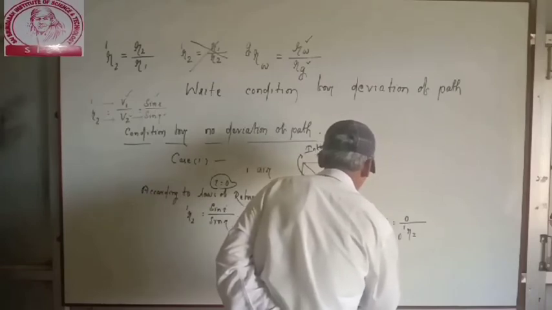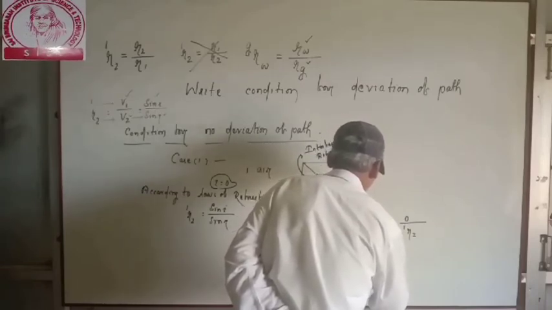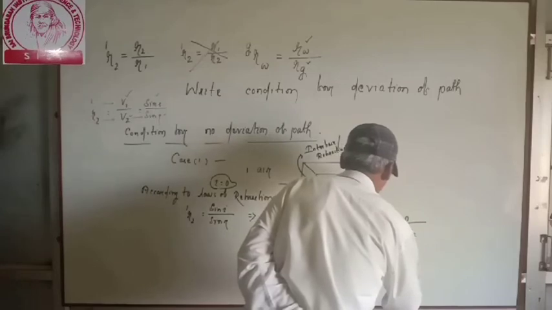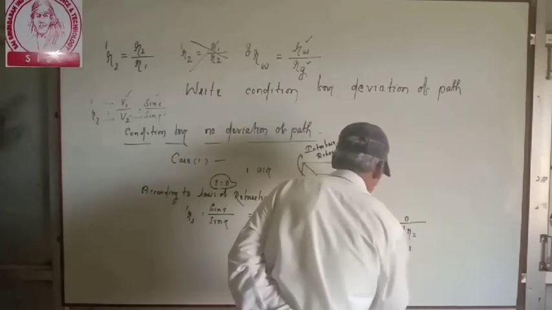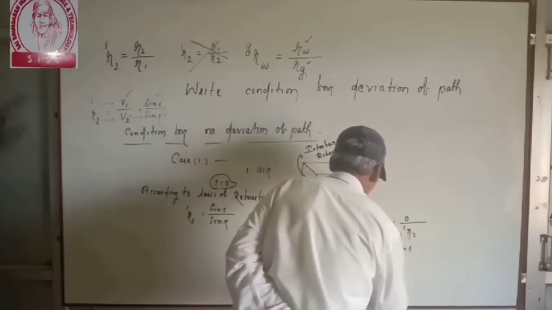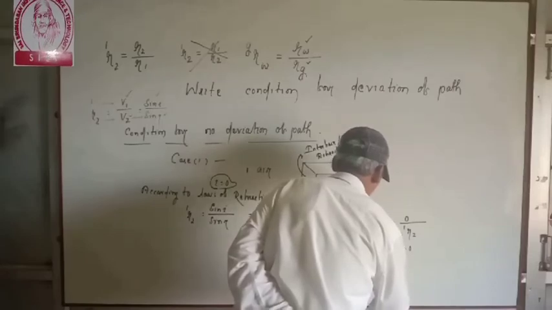This implies sin R is equal to sin 0, sin cancels, R is equal to 0.